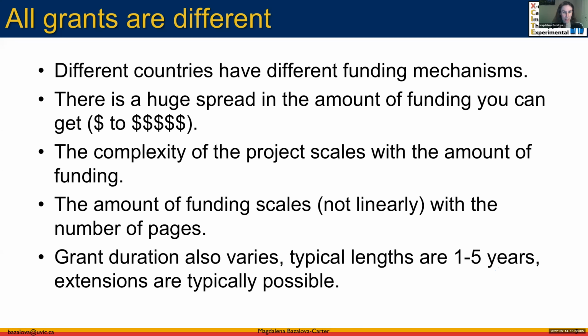One thing to keep in mind, and I'm not sure if that's the same in all countries, but I think especially with COVID, it's probably more typical: extensions are usually possible. Even for us in Canada, even though we get a 1 year grant, we can typically get a 1 year extension on it. We're not getting more funding, but we can get more time to complete the work that we promised we would do.